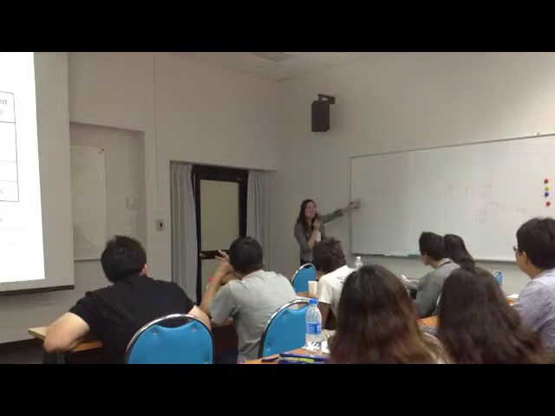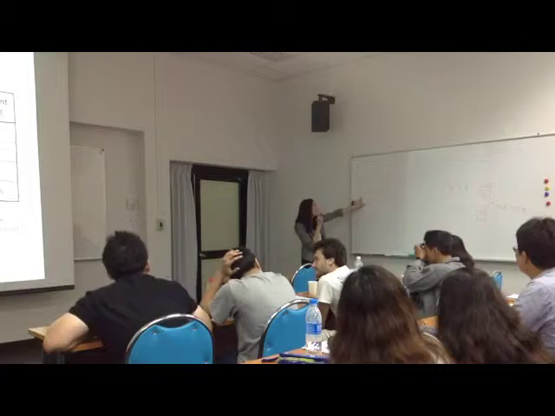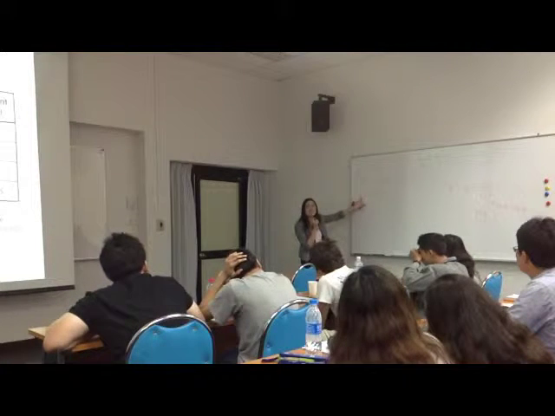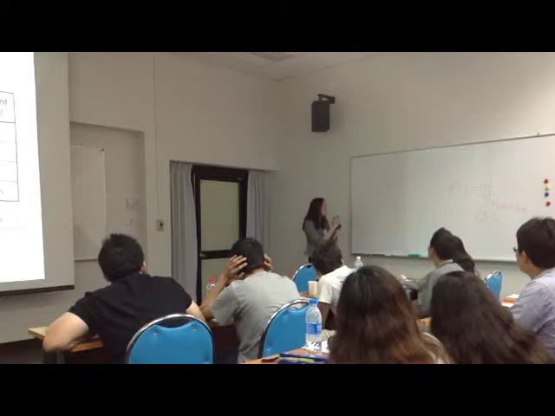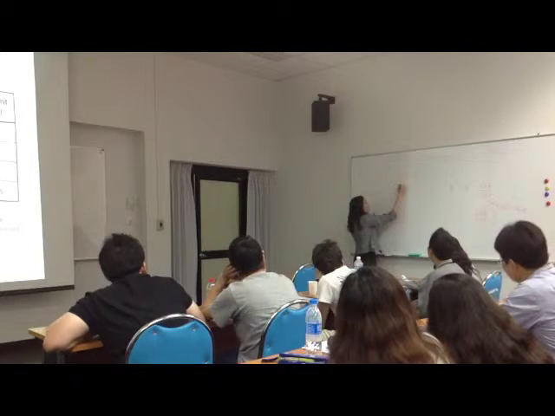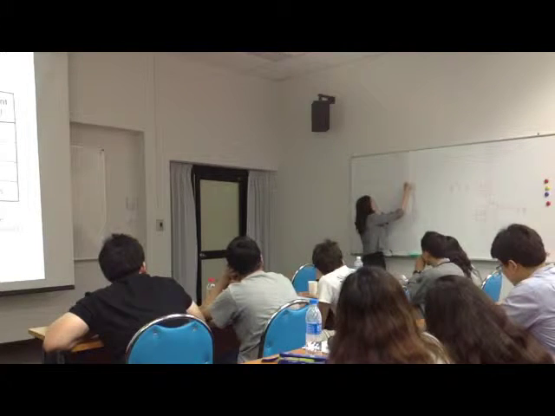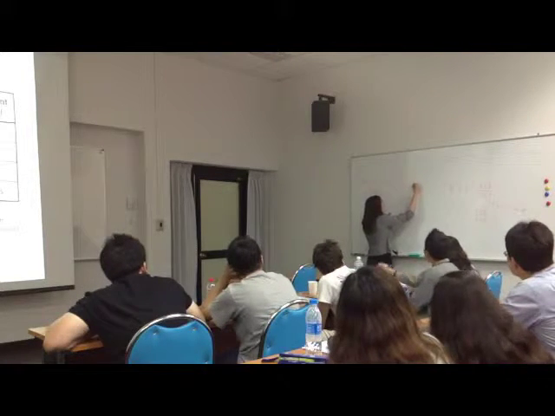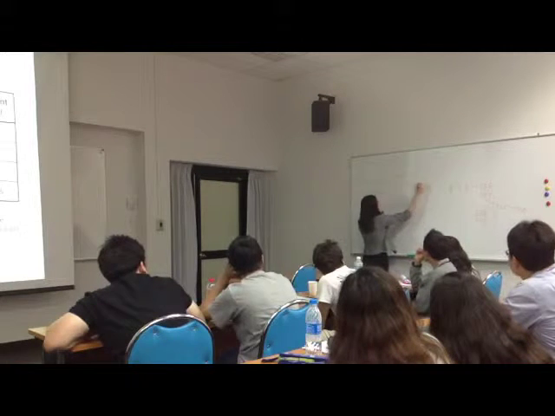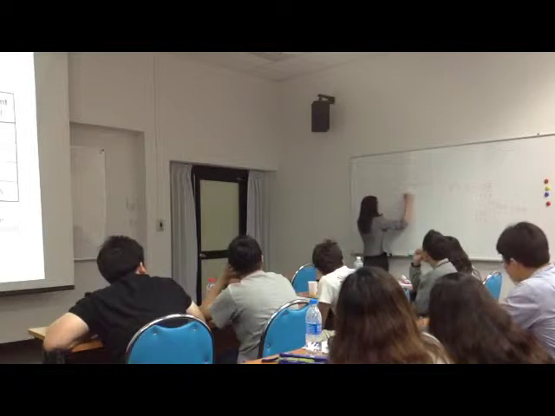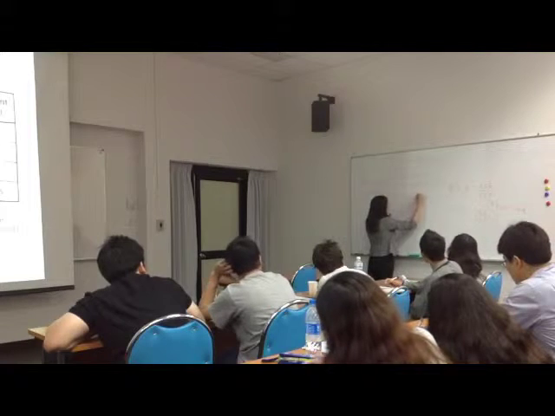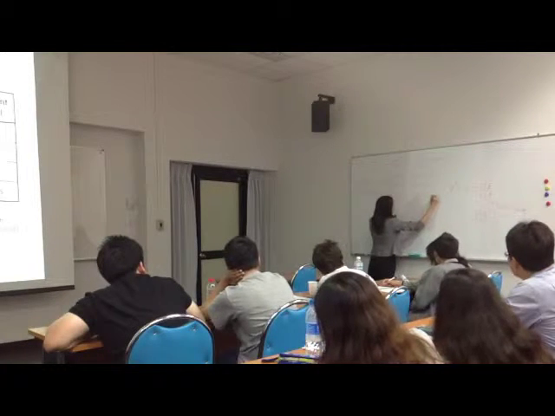You use the p-value to make decisions whether you're going to reject the null or not. If the p-value is less than alpha, then you reject the null. If the p-value is greater than or equal to alpha, then you fail to reject the null.